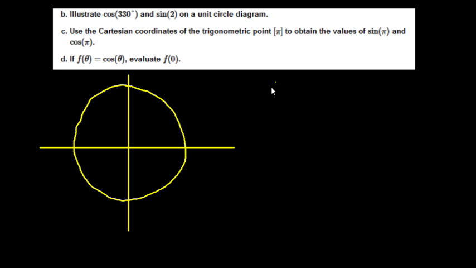So cos of 330 is our x coordinate of the trig point 330. And 330 is going to be, well, it's more than 270, so it's going to be in the fourth quadrant.